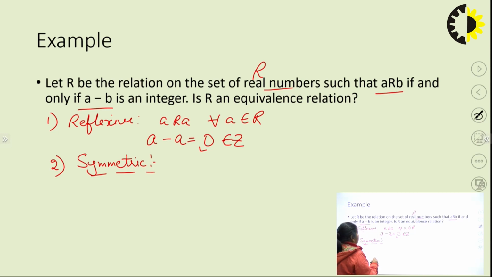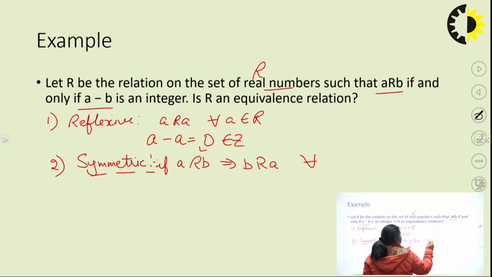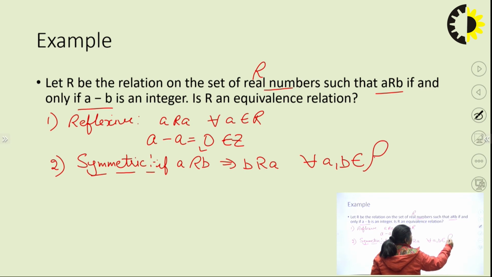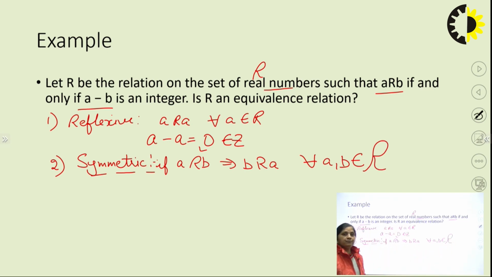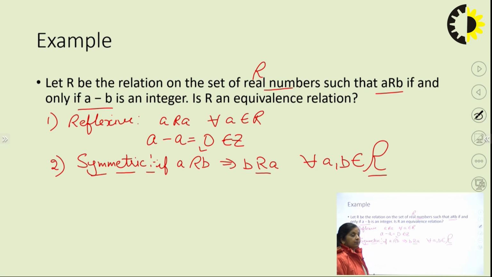It says that if A is related to B, then B must be related to A for all A, B belonging to the set. What is the set here? That is the set of real numbers. This R I am using for relation and this I am using for the set of real numbers.